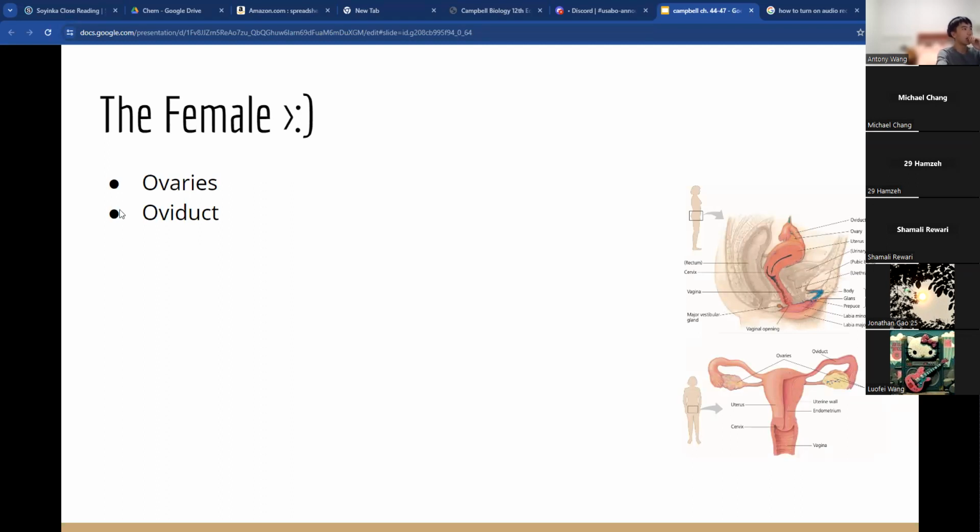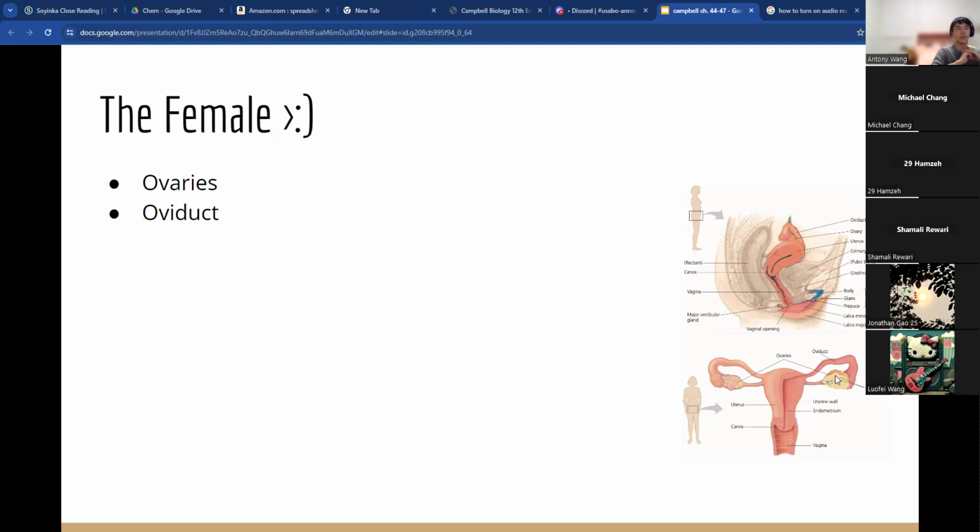The female. Okay. Ovaries, oviduct. There's not much on the slide, so let's talk about the ovaries. First of all, you have two ovaries, and you can see how they're attached by a ligament to the uterus. Each ovary contains the follicles that give rise to egg cells.